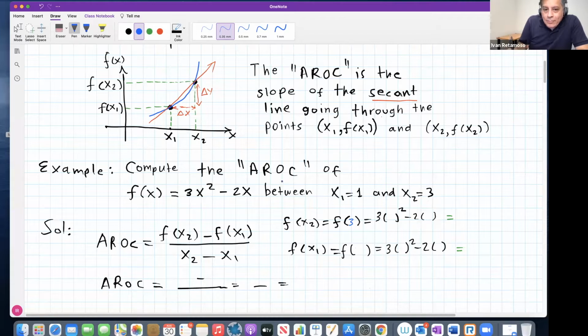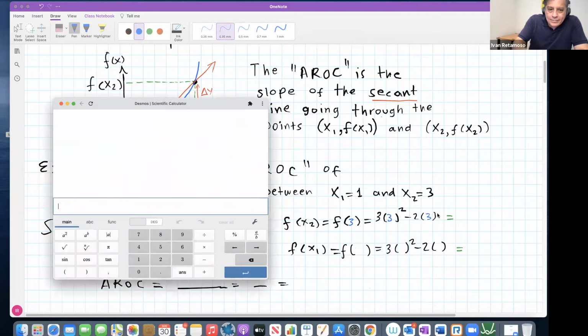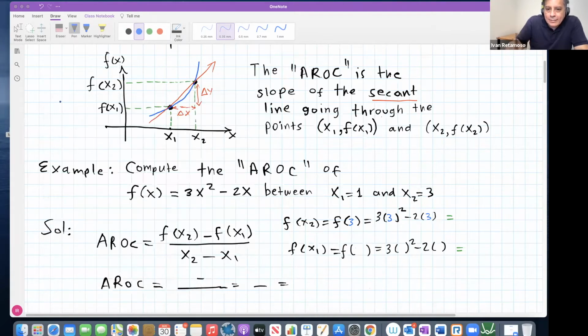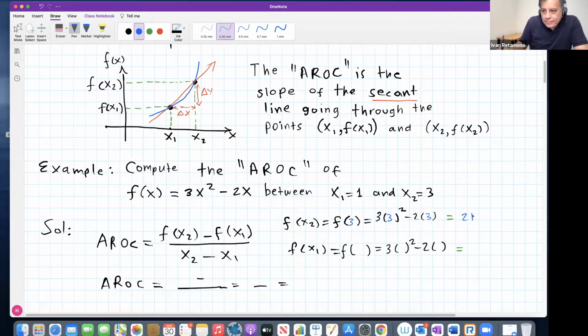Computed in my formula, that will be 3 times 3 squared minus 2 times 3. If you compute this in your calculator, let's do it together: 3 times 3 squared minus 2 times 3 gives you the value 21, so let's write 21 here.